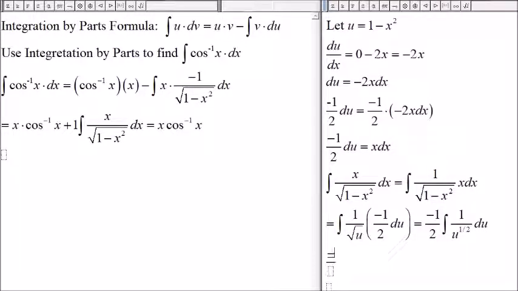So we have negative 1/2. 1 divided by u to the 1/2 is u to the negative 1/2. For the antiderivative, add 1 to the exponent, so negative 1/2 plus 1 is 1/2. And then dividing by 1/2.